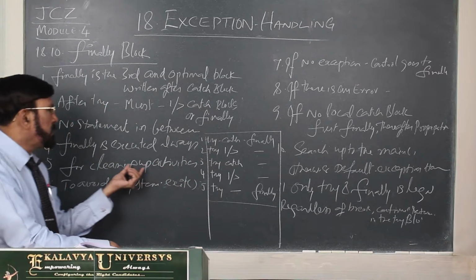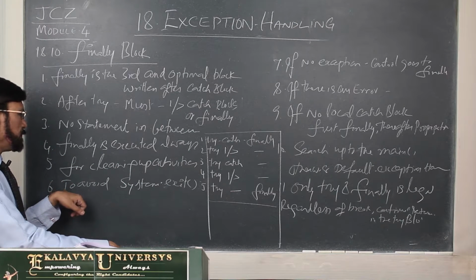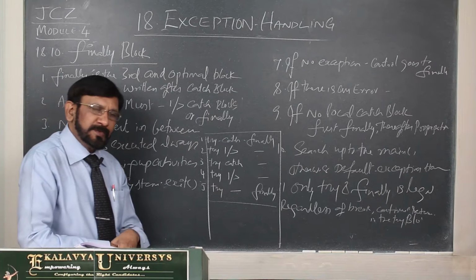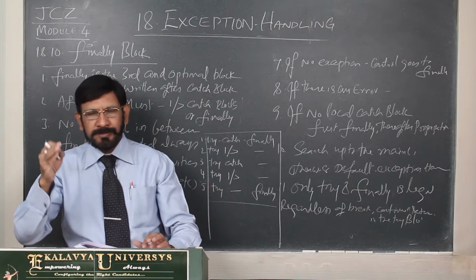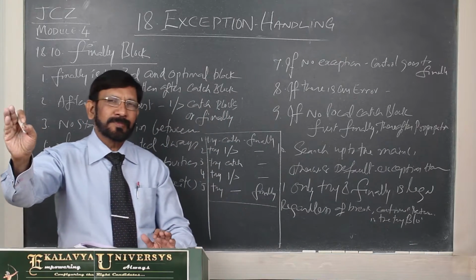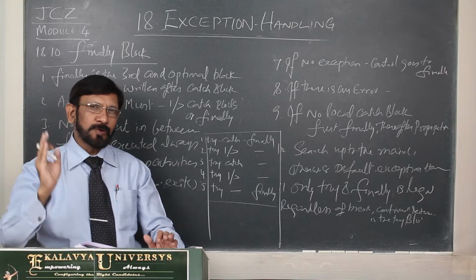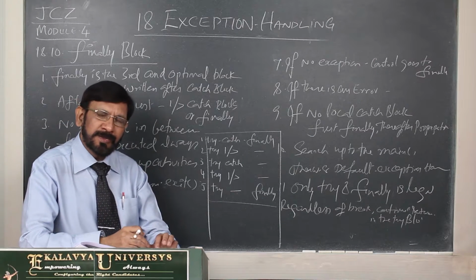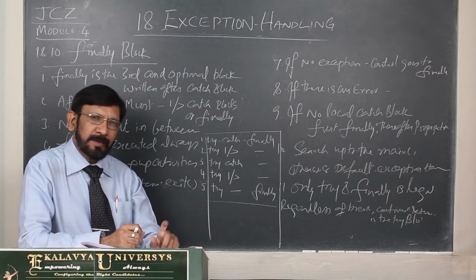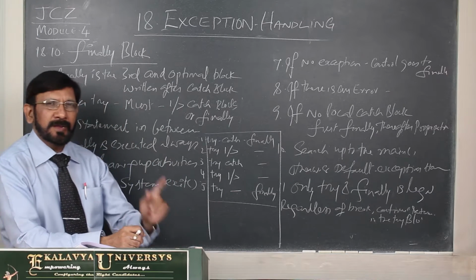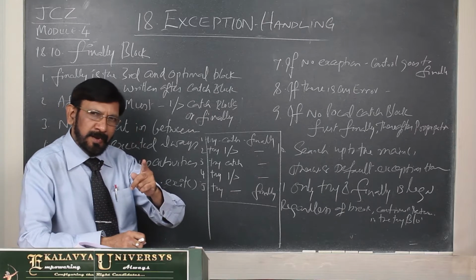That is why the finally block is always executed, whether an exception is thrown or not. Can't we avoid that? Only one option is there by which we can avoid the finally block execution.